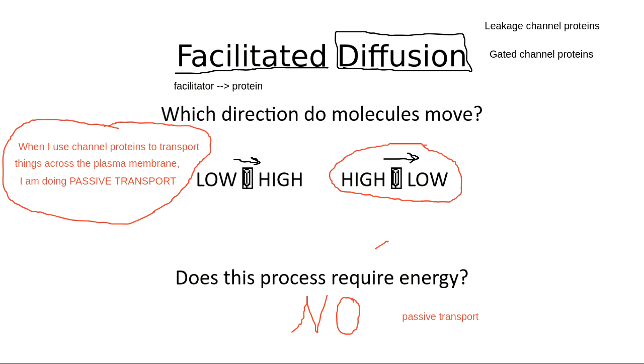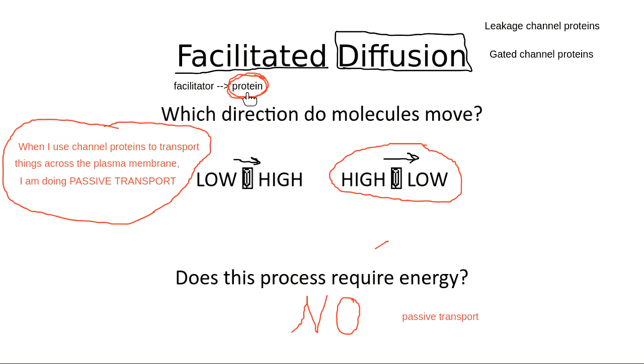That's the only difference. I'm still going from high to low. I'm still doing passive transport. The only difference is that I have to use a protein to make it happen. Otherwise, it's exactly the same.